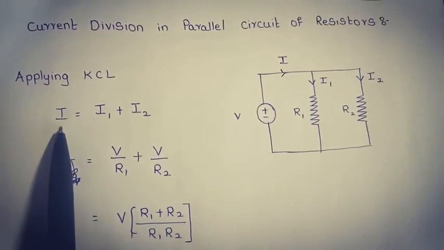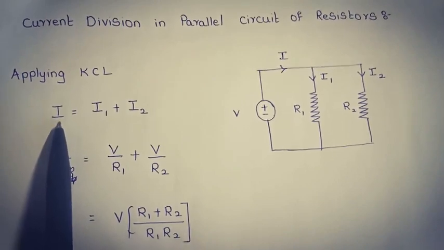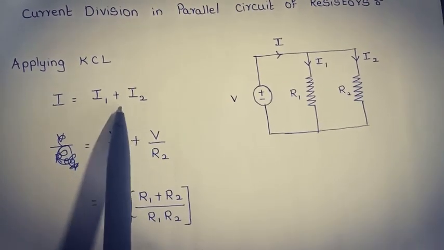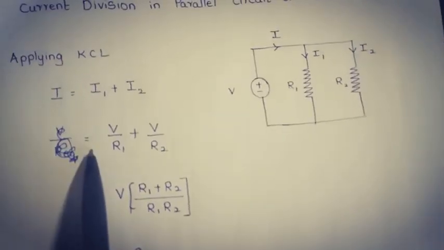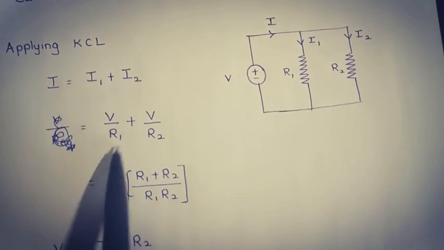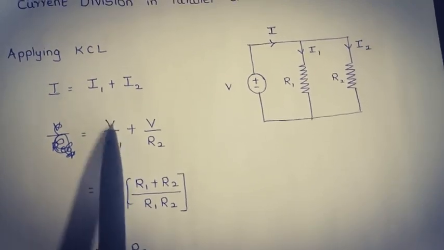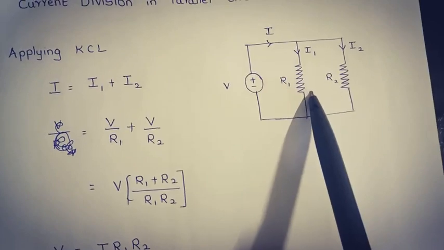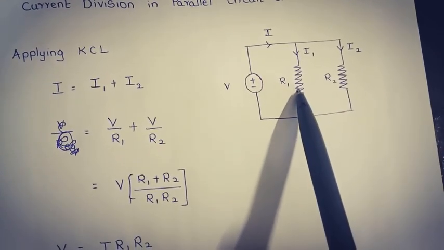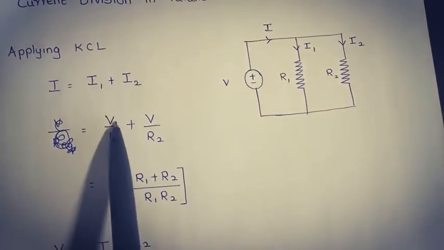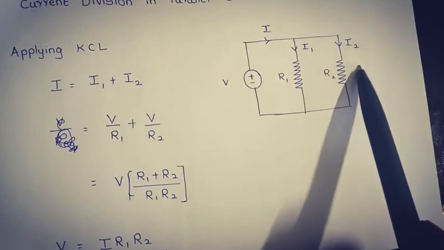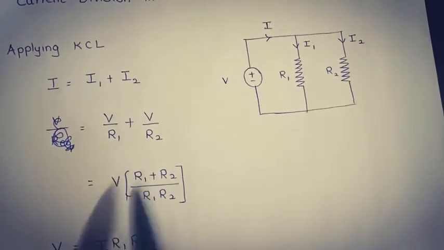We can write the equation as the current entering, that is I, is equal to the currents leaving the junction, that is nothing but I1 plus I2, which is equal to, according to Ohm's law, I is equal to V by R. Therefore, the current flowing through R1 is equal to voltage divided by the resistance value, that can be written as V by R1, plus the current flowing through R2, I2, is equal to V by R2.